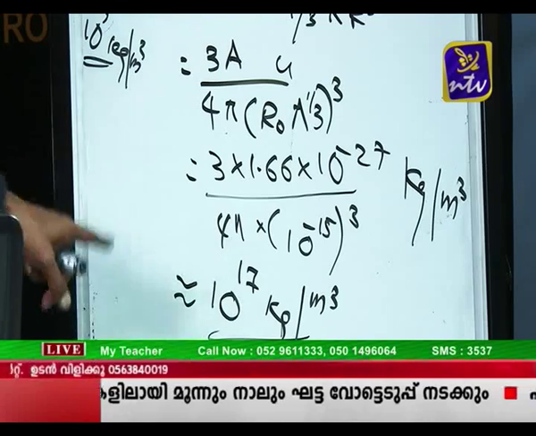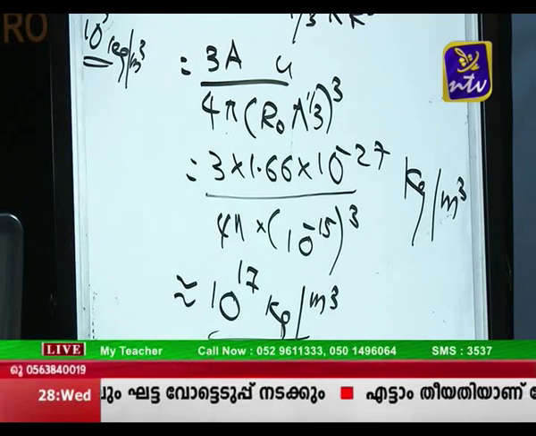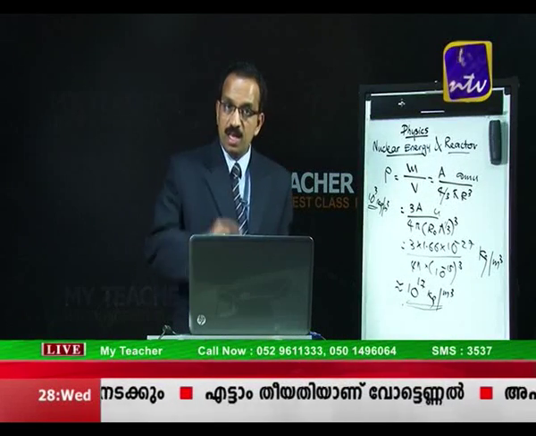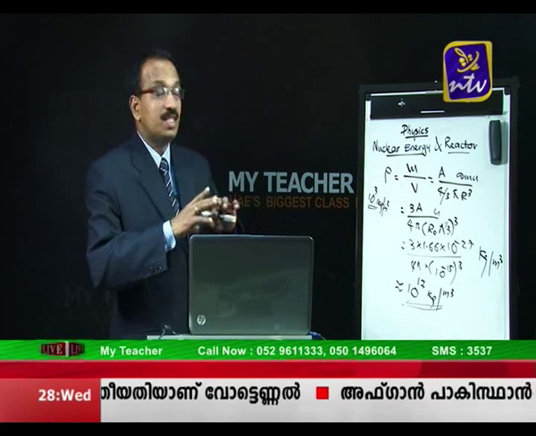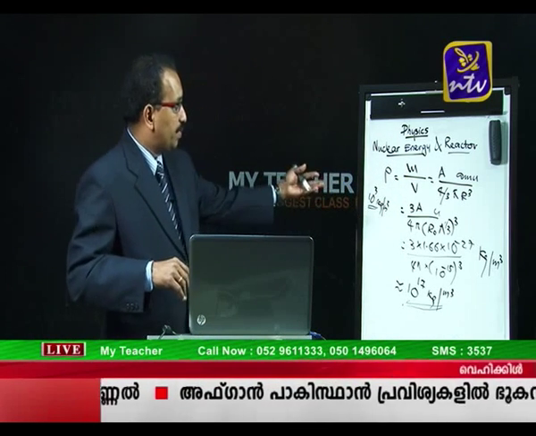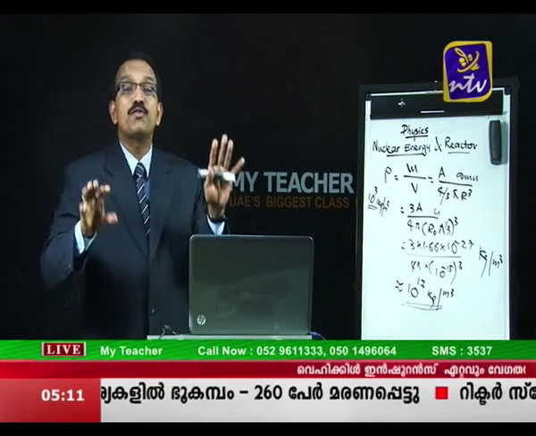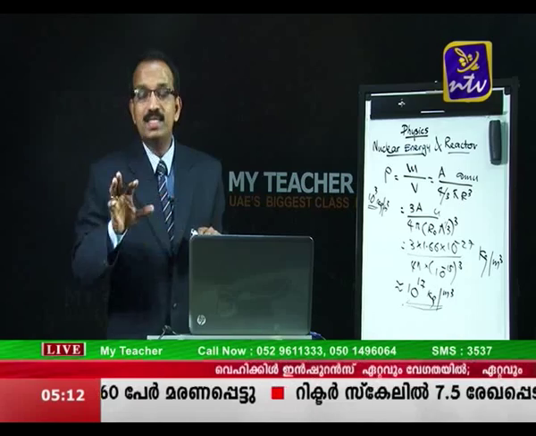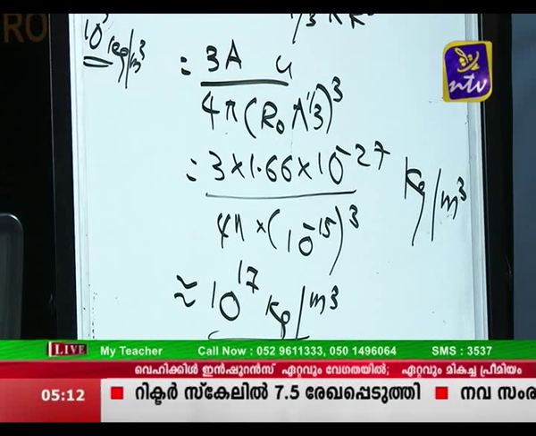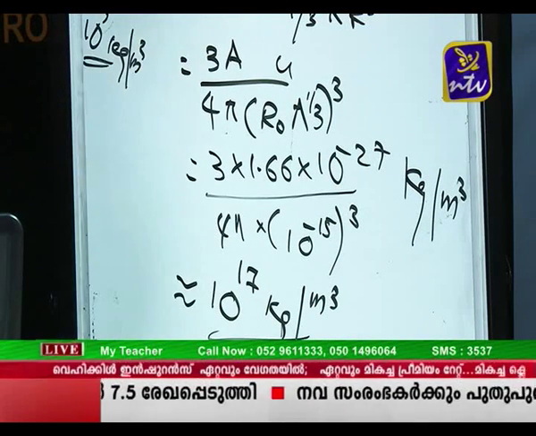From this extreme value of density, two major aspects you can make out. Number one, in between we lost A, A is gone. That is, the density of a nucleus is independent of the mass number. All nuclei have the same density. You should know that. There was a question in one of the papers.